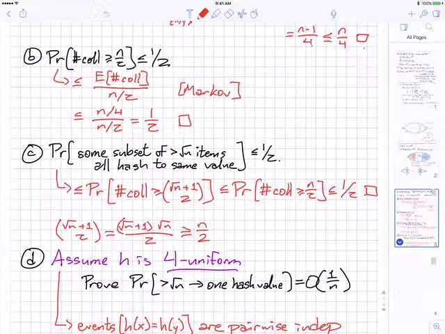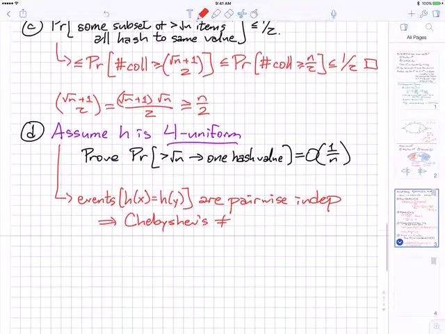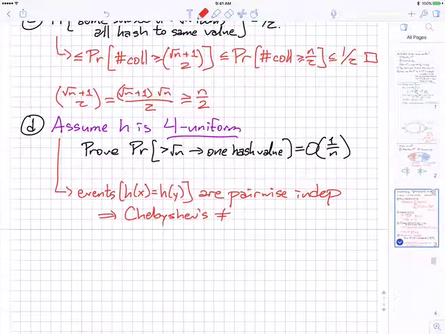For the version of Chebyshev's inequality that we've seen in this class, in order to apply it, I need to know that the variable that I'm trying to bound is the sum of indicator variables that are pairwise independent. Now, if I look at a pair of collisions, that's a pair of pairs of items.